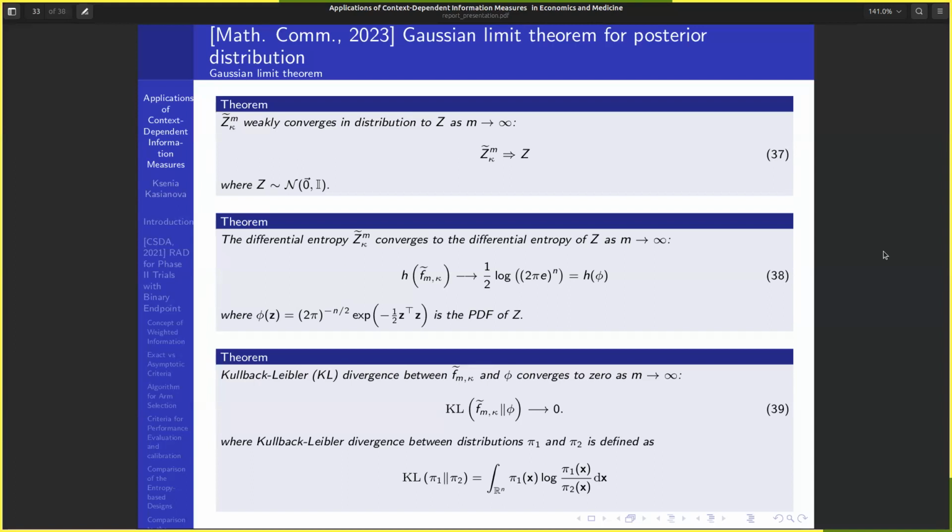Also, its differential entropy converges to the differential entropy of the standard normal distribution, and also the Kullback-Leibler divergence between the posterior density for this random variable and the density for the standard normal distribution asymptotically approaches 0.